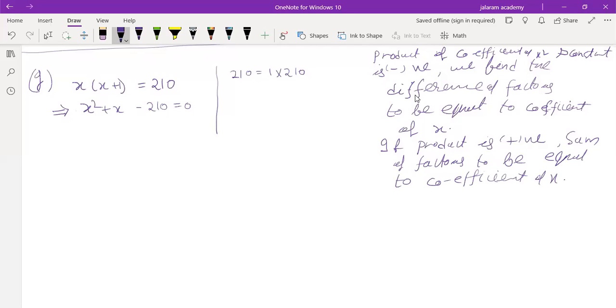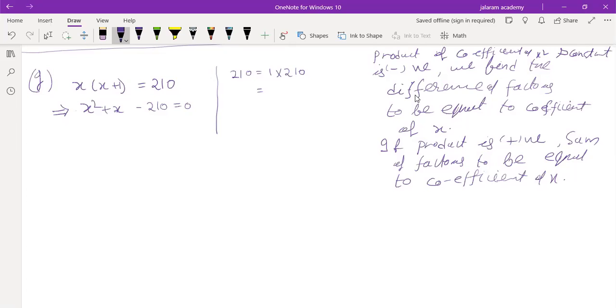Understood, everyone? This time it is minus 210. So what do we have to find? The factors whose difference is equal to the coefficient of x. What is the coefficient of x? 1, sir. So we have to find the pair of factors whose difference is 1. Understood?